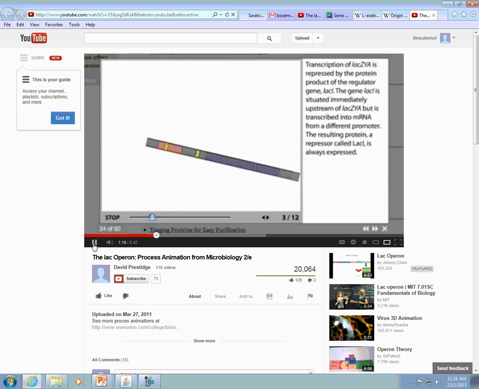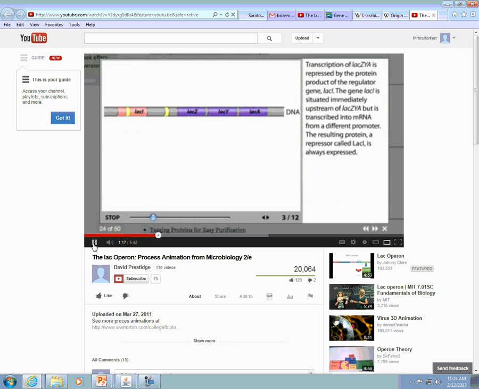Transcription of LAC-ZYA is repressed by the protein product of the regulator gene, LAC-I. The gene LAC-I is situated immediately upstream of LAC-ZYA, but is transcribed into mRNA from a different promoter. The resulting protein, a repressor called LAC-I, is always expressed.